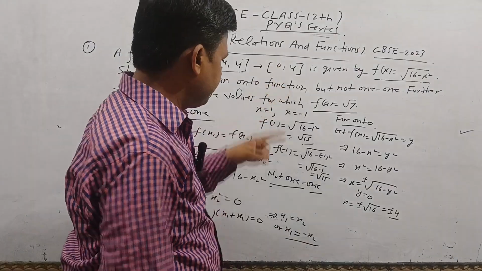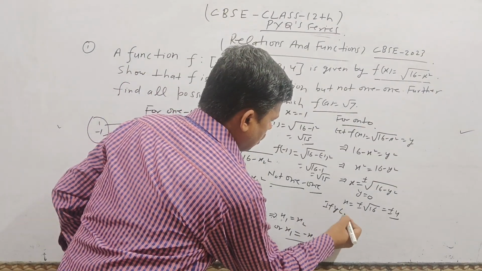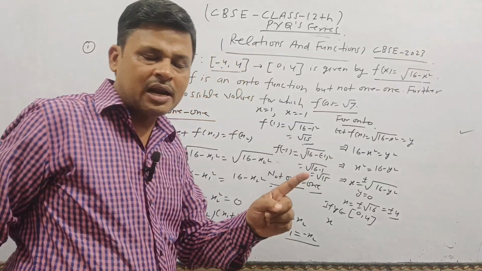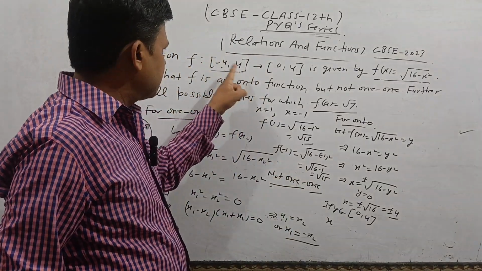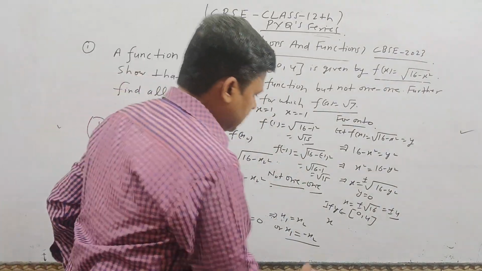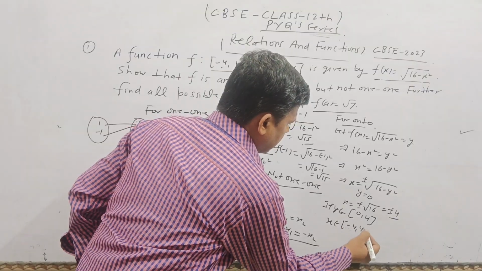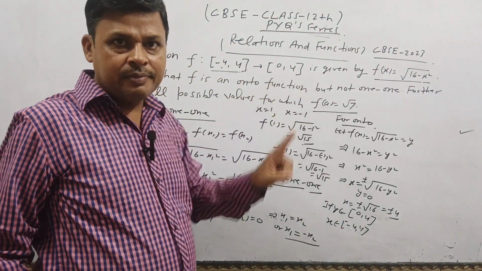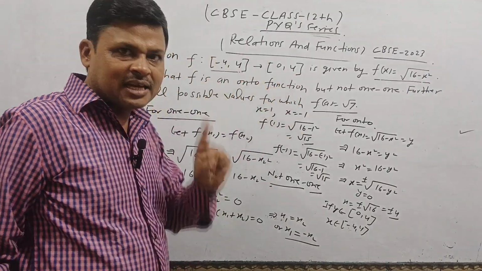If y belongs to this codomain, then x you will always get a value from -4 to 4 closed interval. It means the pre-image of all the elements of the codomain resides in the domain.